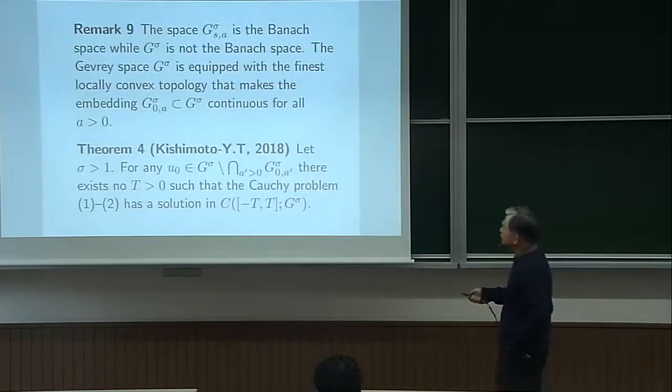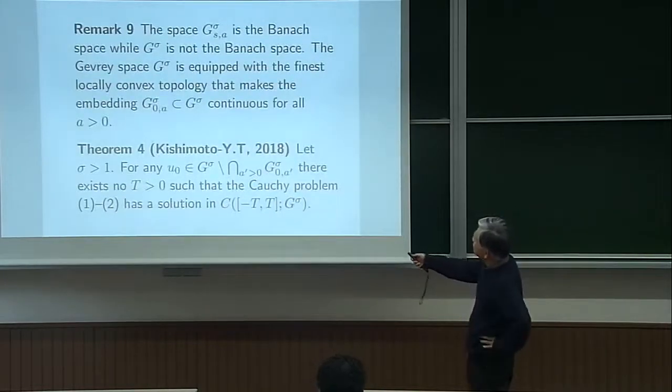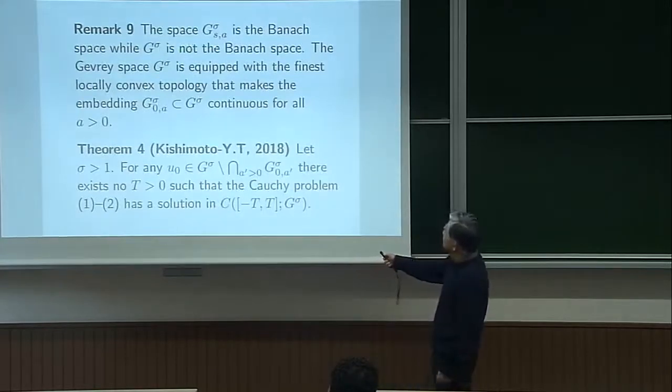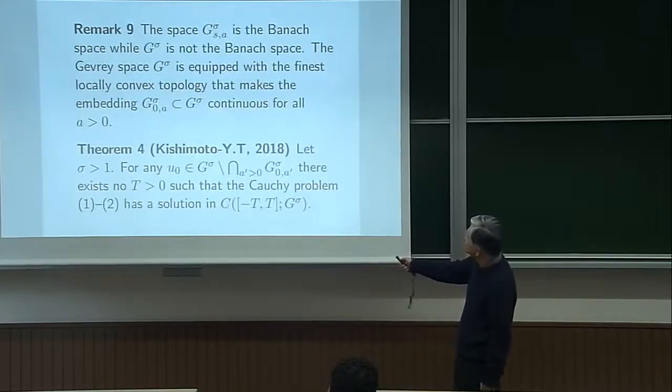So I'd like to say a little bit about the topology of the Gevrey class. The space G sigma s A is a Banach space. But G sigma is not a Banach space.